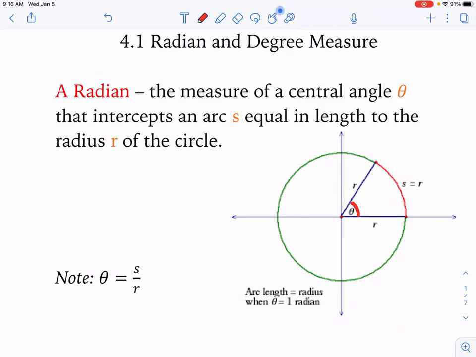radians. Okay, so a radian is the measure of an angle that intercepts an arc that's equal in length to the radius. I'll let you go ahead and write that down, and then I really want you to also copy this down right here.